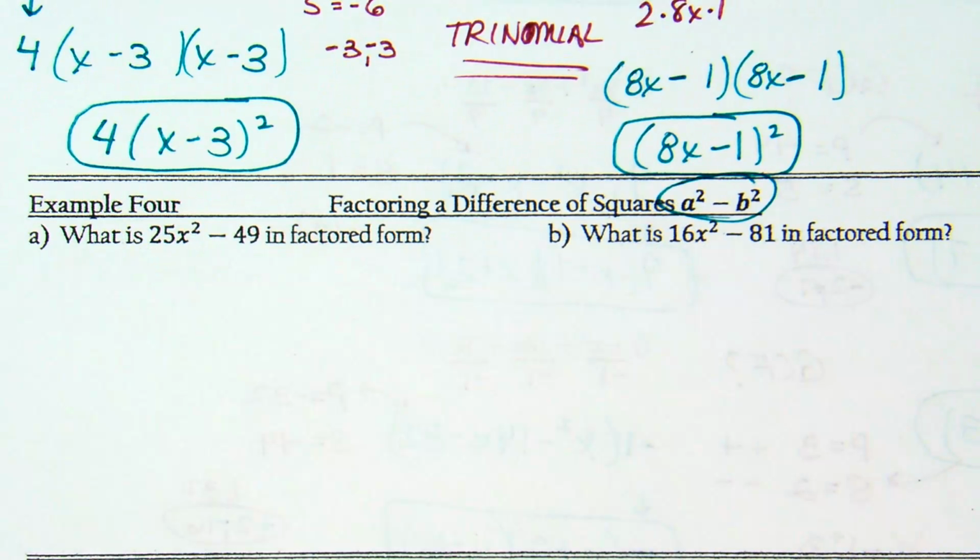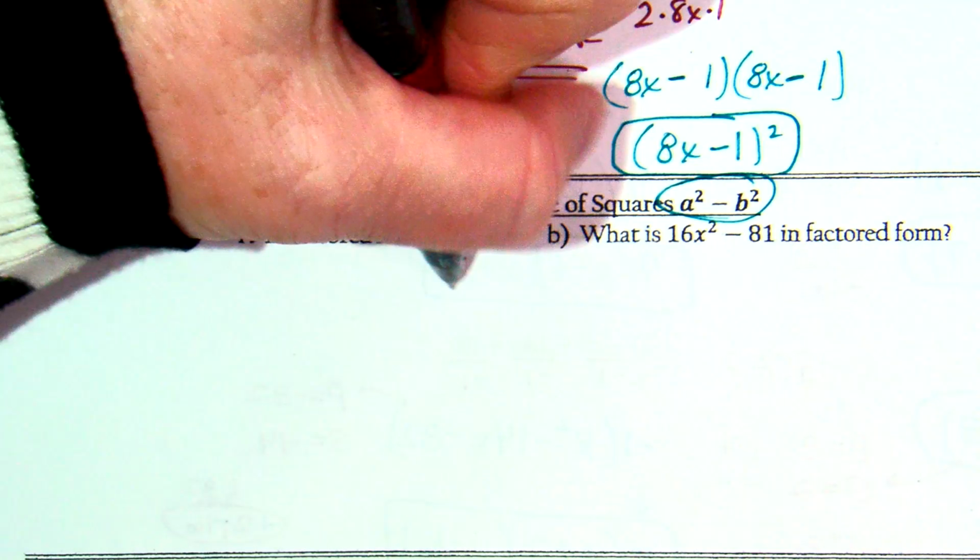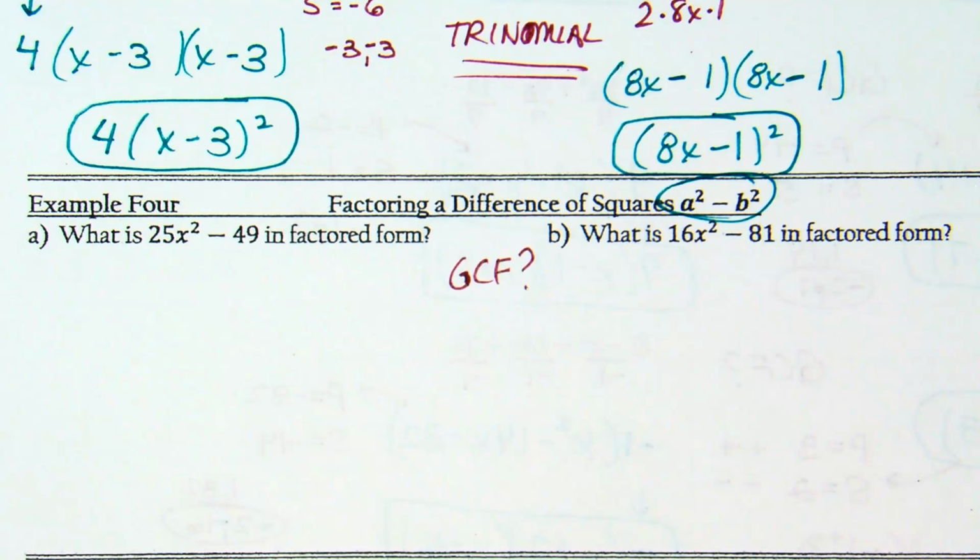First question. What's my first question I want you guys to ask today, as always? Always stop and ask yourself, is there any GCF? 25, 49, anything in common? No. And what's different about these? Okay, they're perfect squares, and do I have a middle term? No, okay?